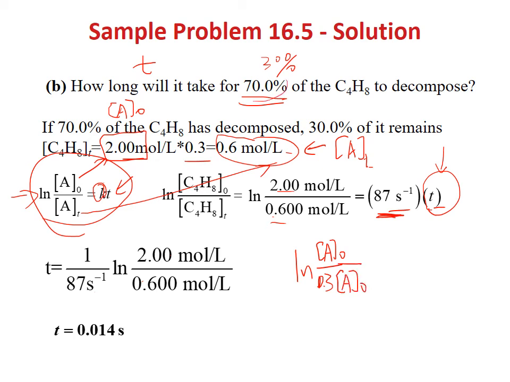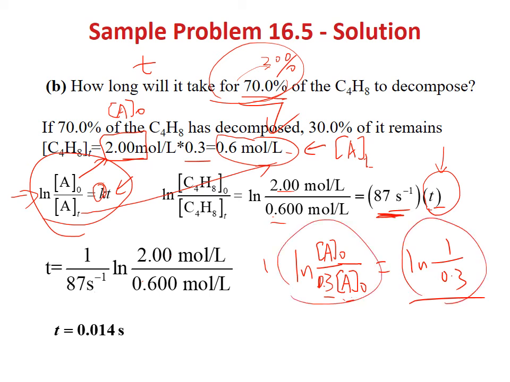If you know 70% is consumed, then 0.3 is left, 0.3 times initial, so the ratio equals 1 over 0.3. You don't need to calculate the concentration of 0.6, so that step is not necessary. If you know what percent is left, you can just calculate the ratio. You get this, which equals kt, 87 times t, and then you can calculate t. You should get the same answer.